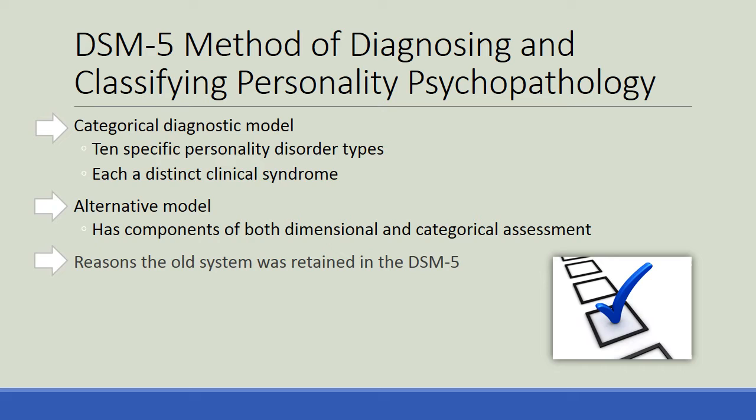And thirdly, clinicians are simply used to the old system, and introducing a dimensional model would complicate matters and interfere with clinical utility. Having overly complex dimensional systems would actually work against recognizing personality disorders.